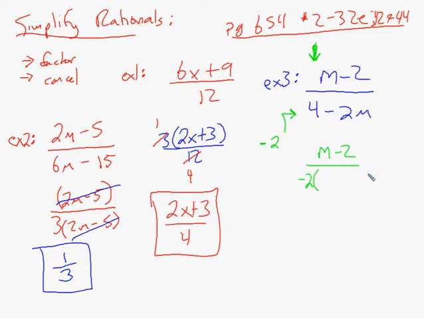I factor out a negative 2, and I'm going to get negative 2 plus m. Okay, and if I do my quick check, I would see I get back my 4 plus or minus 2m. Now, this is close if I just take one more step. So I have m minus 2, I have negative 2, and then if I just change the order right here, now these are the same, aren't they?